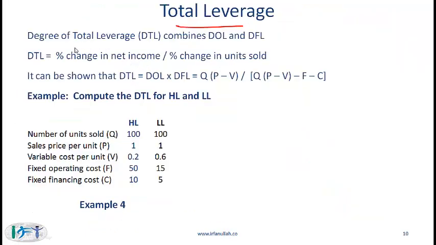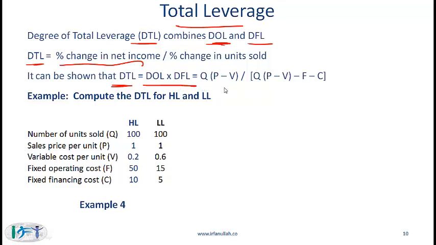Total leverage. Degree of total leverage combines degree of operating leverage and degree of financial leverage. Degree of total leverage is the percentage change in net income divided by percentage change in sales. It can be shown that the degree of total leverage is simply the product of degree of operating leverage and degree of financial leverage.